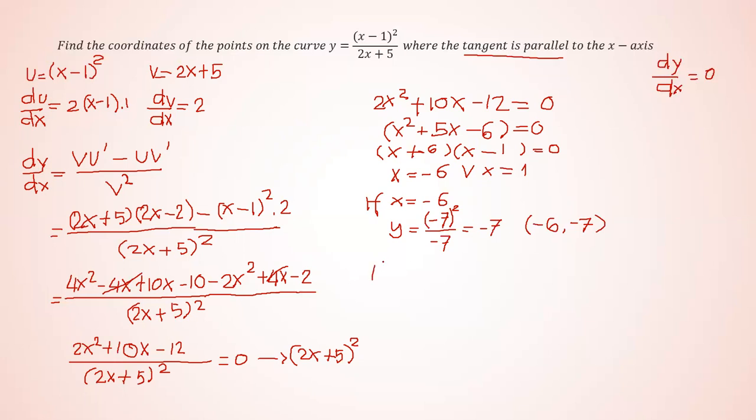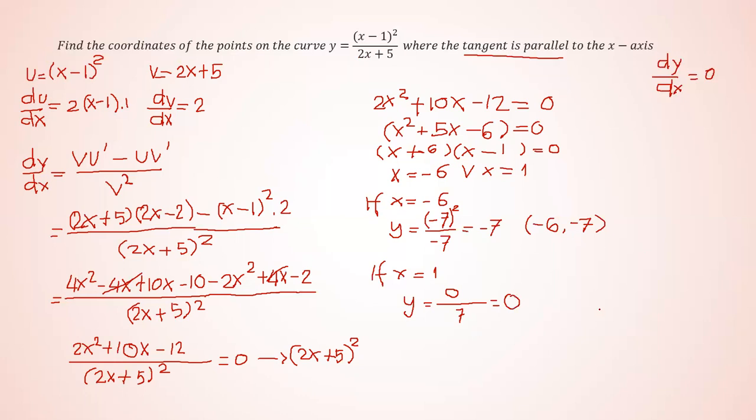How about if x equals 1? If x equals 1, y equals (1 minus 1), 0 squared, 0, and the denominator is 2 times 1, 2 plus 5, 7, so y equals 0.